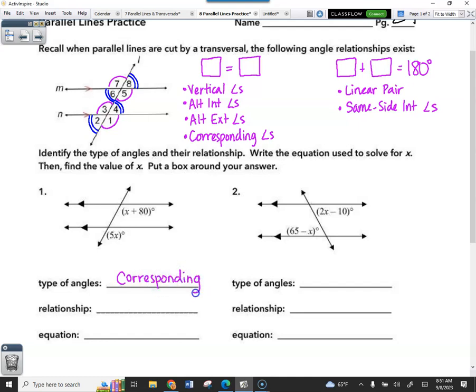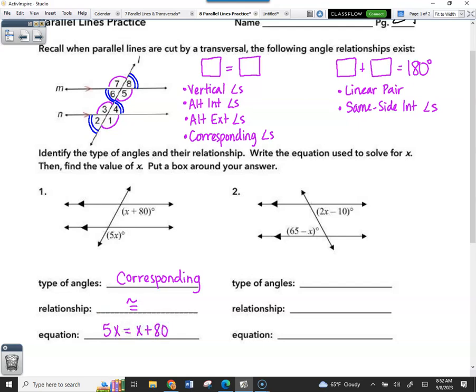Then you've got to remember, okay, what's the relationship of corresponding? Are they equal, congruent, or supplementary? They're equal. I'm going to put a congruent symbol just to get you back in that mindset. And so that means we set them equal to each other. So here's your equation. 5x has to equal x plus 80.